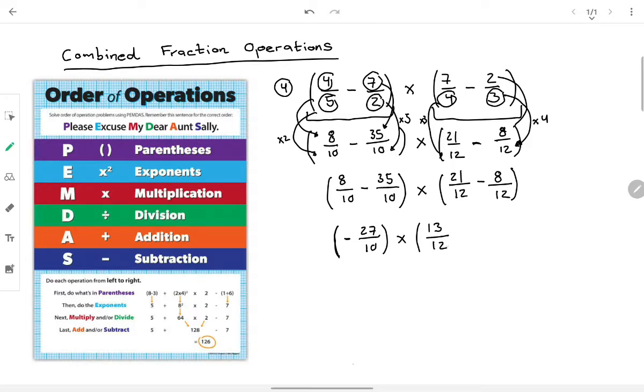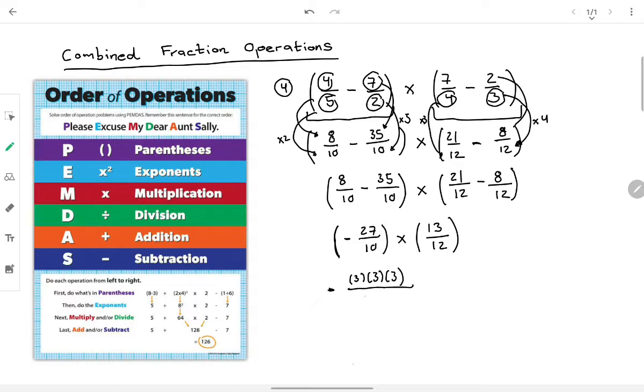over 12. So in this case, we can first decompose the numbers to see if we can simplify something. In this case, on the top part, it will be 3 times 3 times 3.